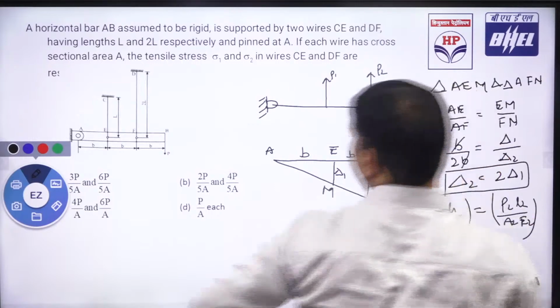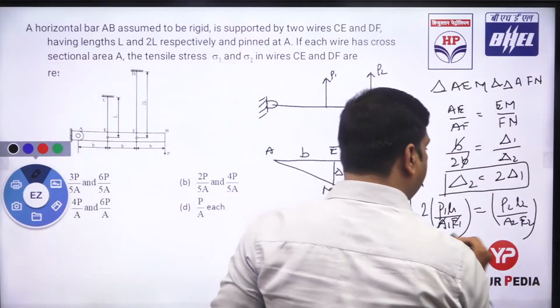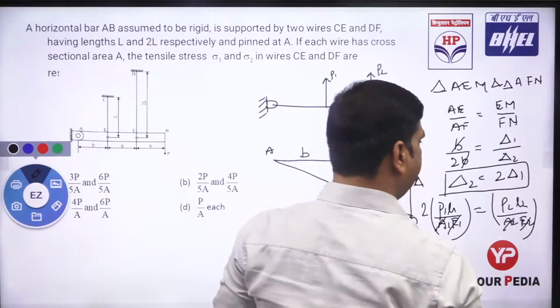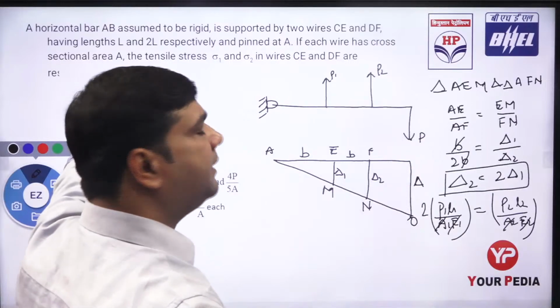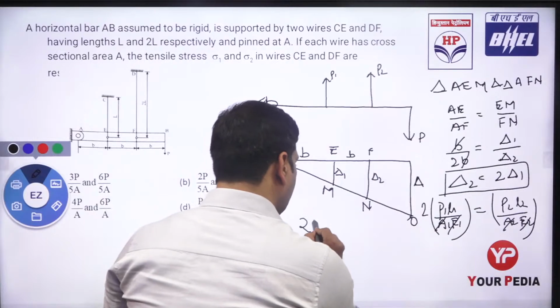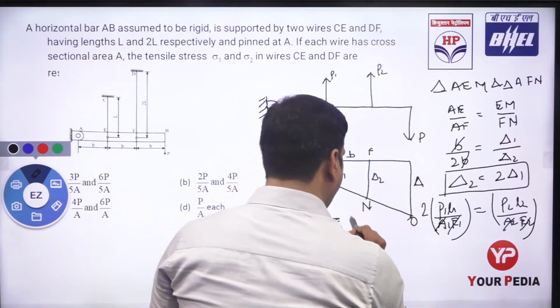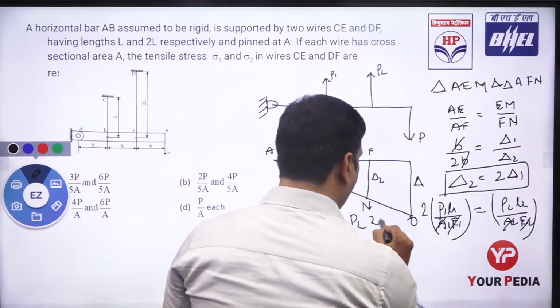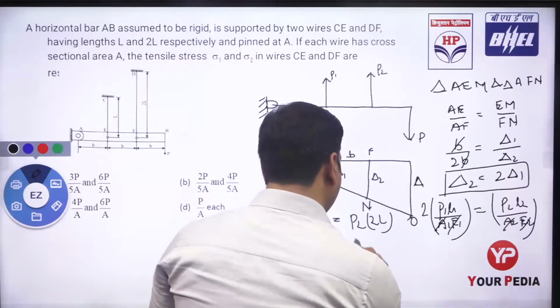As there is the same cross-section area and same material, A and E are cancelled to each other, but the first has length L and the second one is 2L. So we can write P1 L equals P2 into 2L. So from here we can write P1 equals P2.